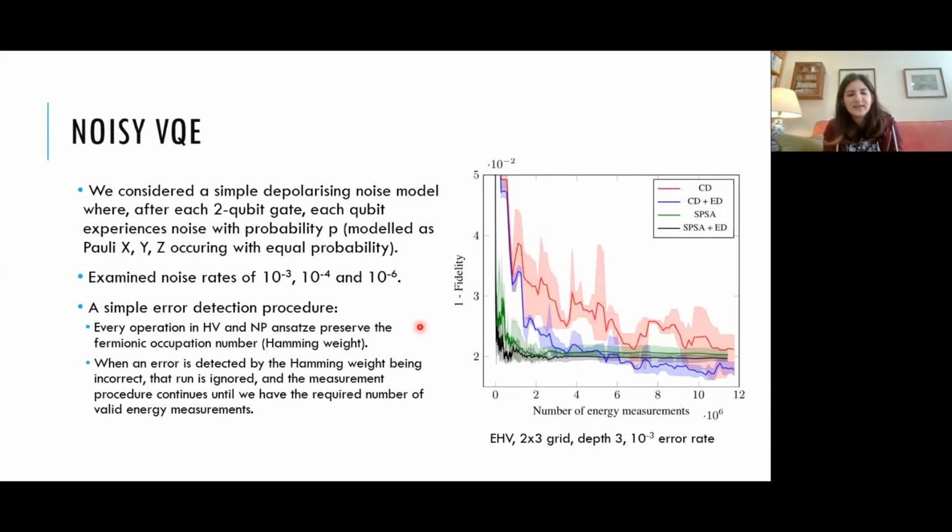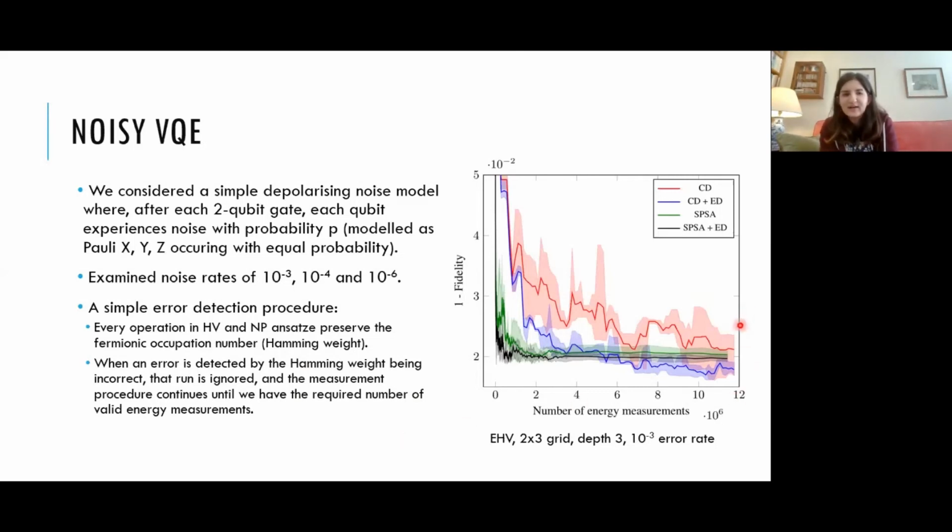So when we detect an error by the Hamming weight being incorrect, we discard that run and we continue the procedure until we have the required number of valid energy measurements. So this plus ED is plus error detection. With SPSA, it doesn't have a massive effect, but with coordinate descent, we do see an improvement by including this error detection procedure, even though it's really simple.